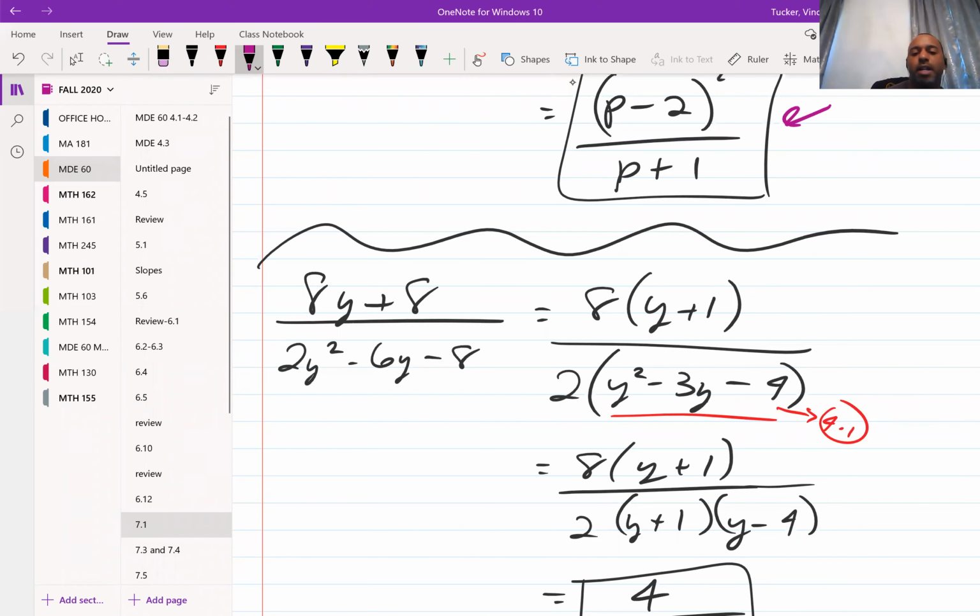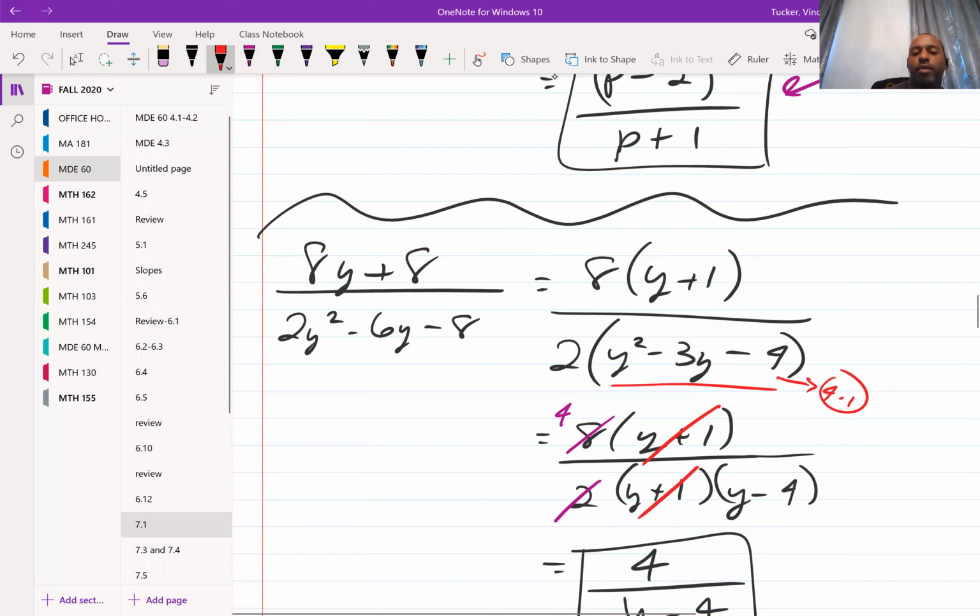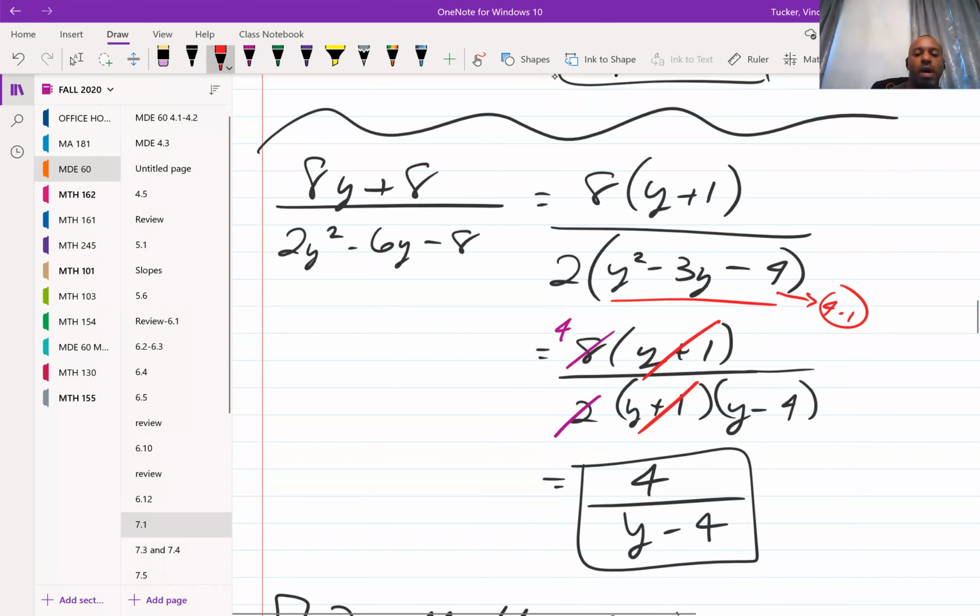So now we can cancel out. Now this 2 can cancel out into the 8, and that'll leave us with 4. And then y plus 1 will cancel. And that leaves us with 4 over y minus 4.